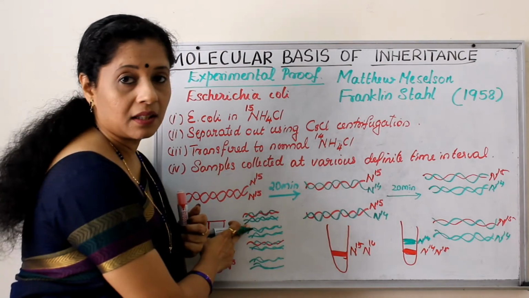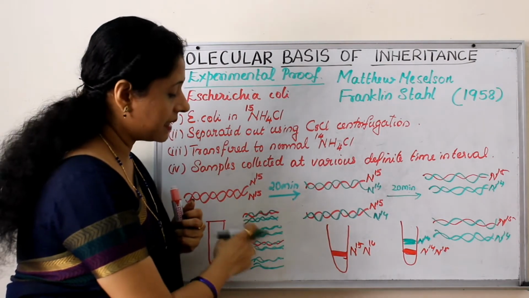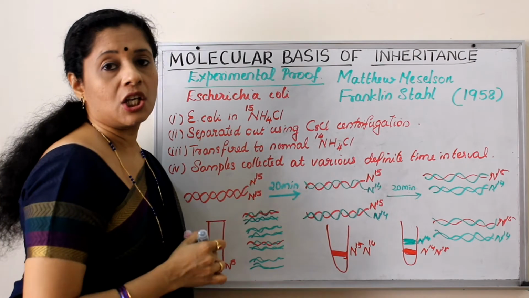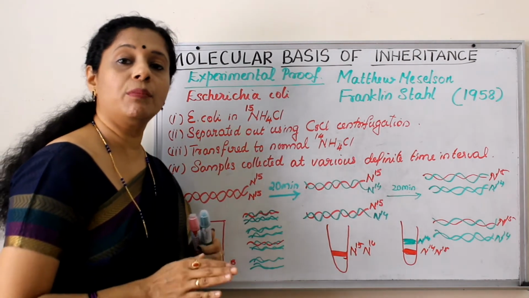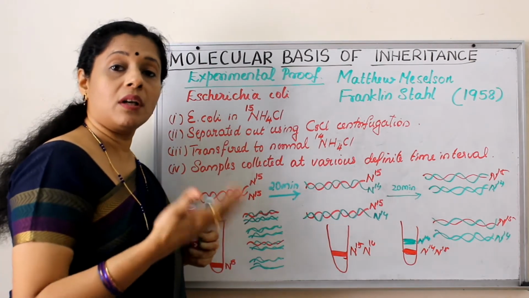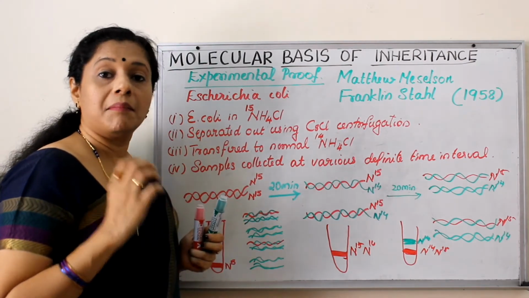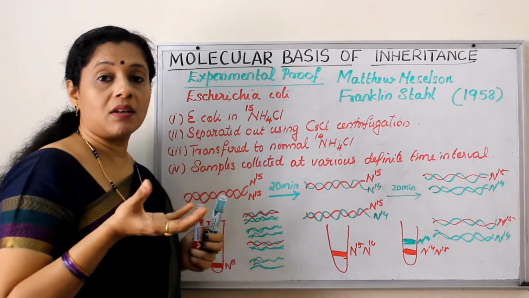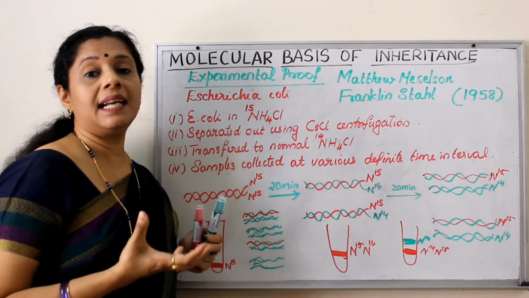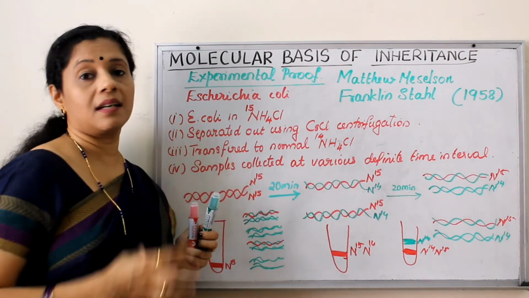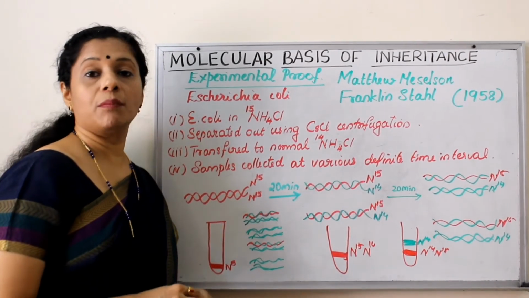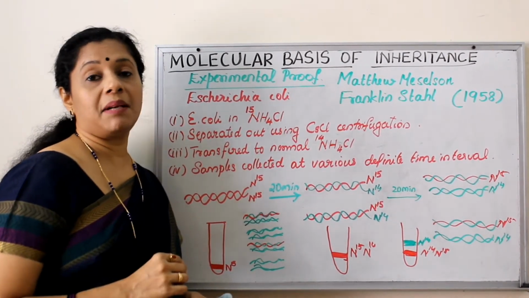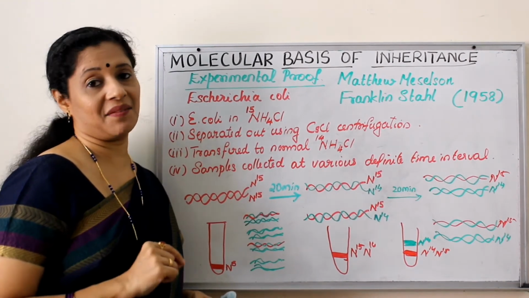We can expect one hybrid band plus majority lighter band. Again and again if you check after 20 minutes, it's going to be the same. More and more lighter bands will form, but still there will be a moderate or hybrid band, indicating that the old strand is retained. So with this experiment, Meselson and Stahl proved that DNA replication is semi-conservative.